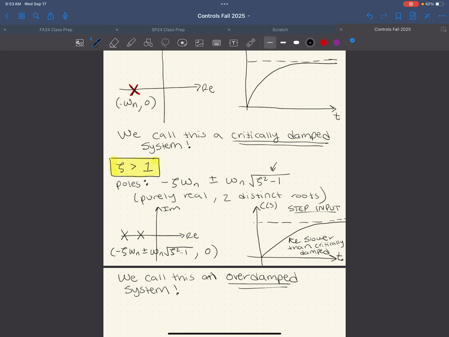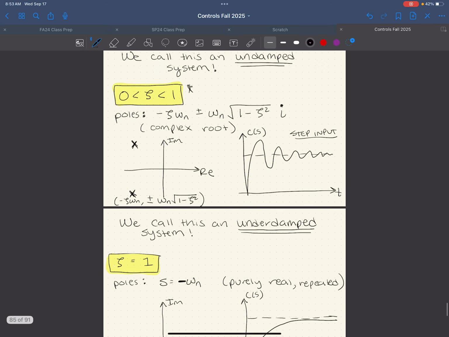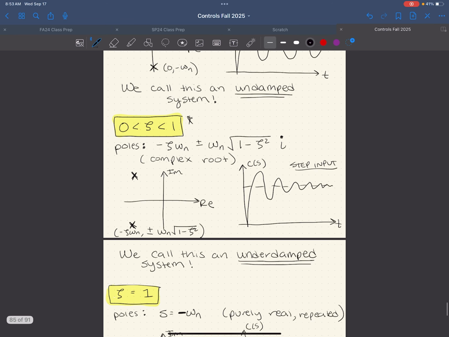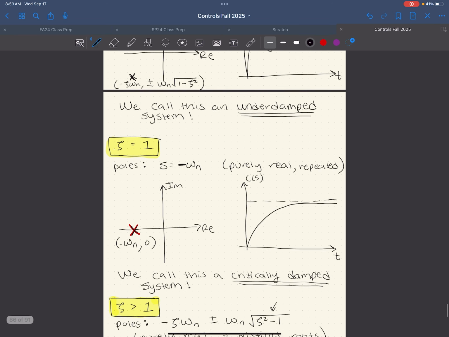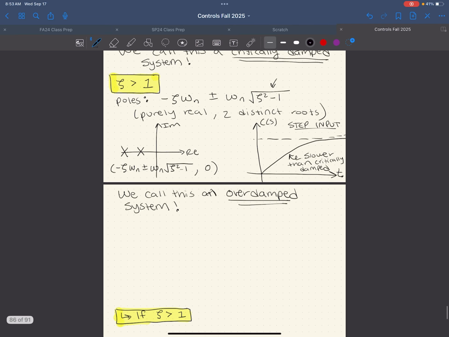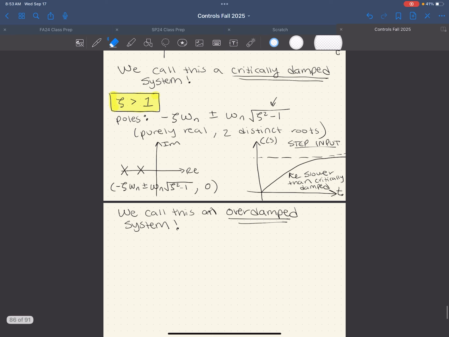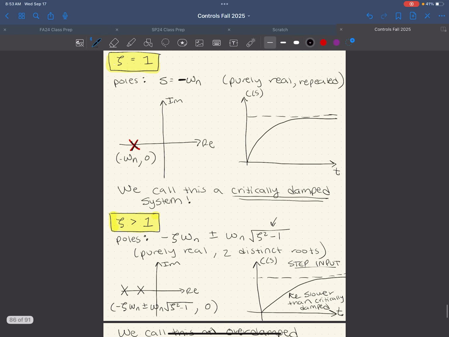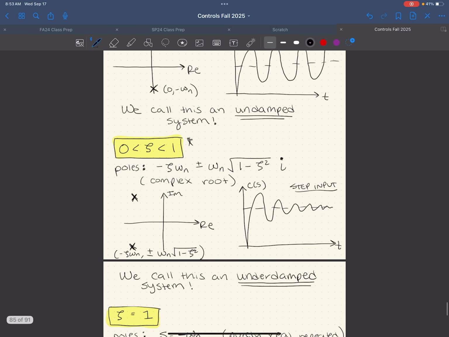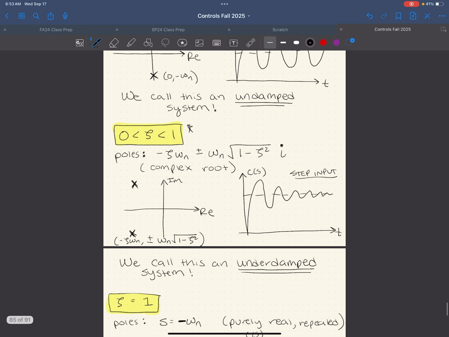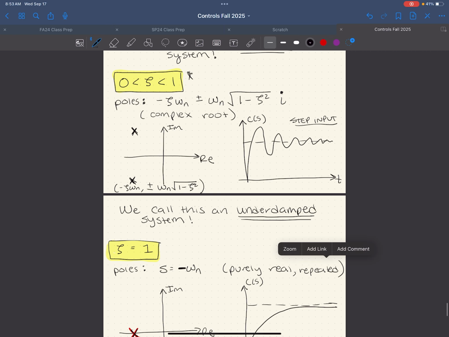All right, so we've covered all of our cases of zeta. We have an undamped, an underdamped, a critically damped, and an overdamped system. All right, and each of these has very particular time response behaviors. So undamped oscillates forever with the same oscillation.